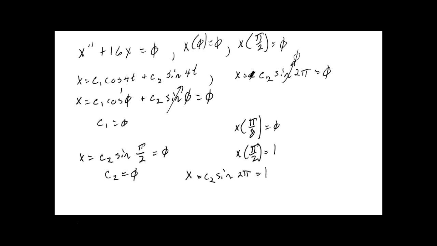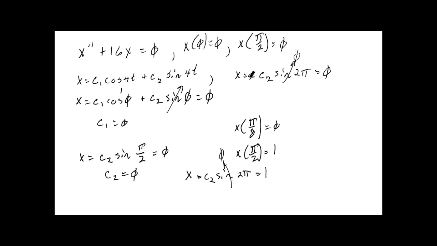Guess what? This thing is still 0. And you have 0 is equal to 1. That's impossible. There are no solutions to that. Absolutely none. Because C2, no matter what value you take on, it can't meet that second boundary condition.